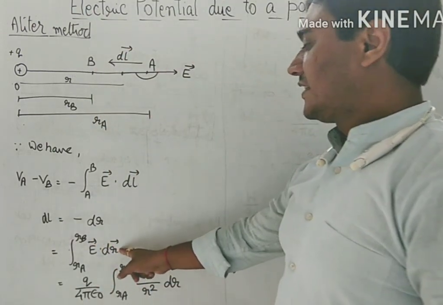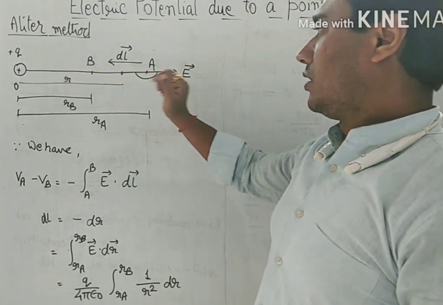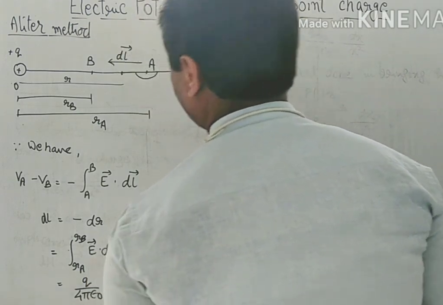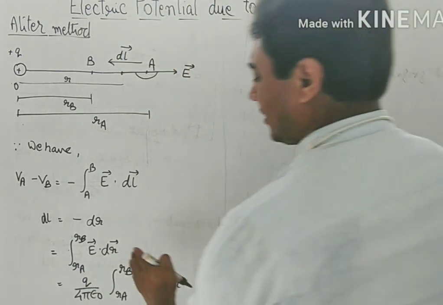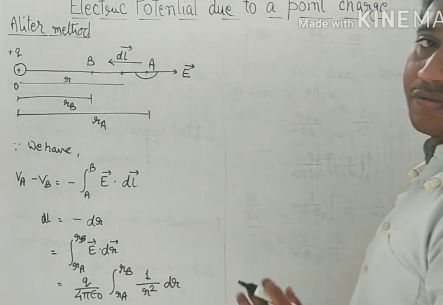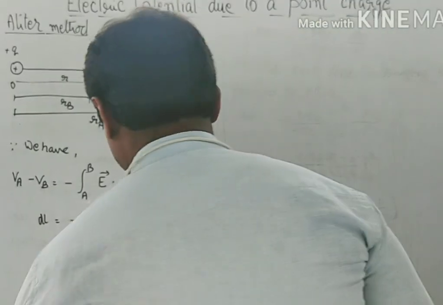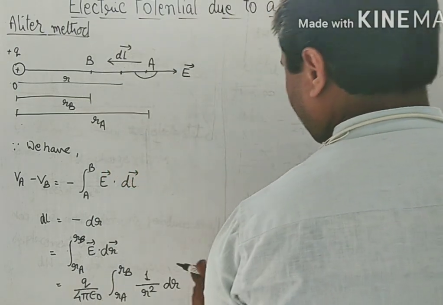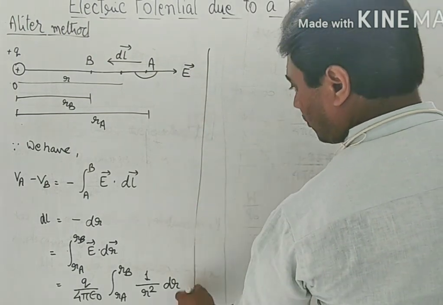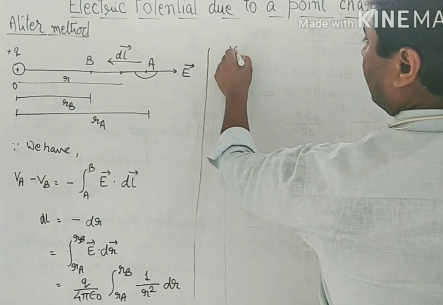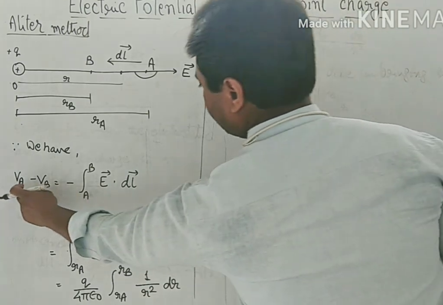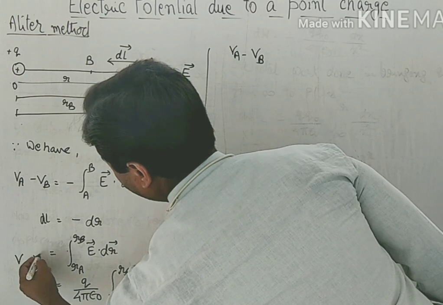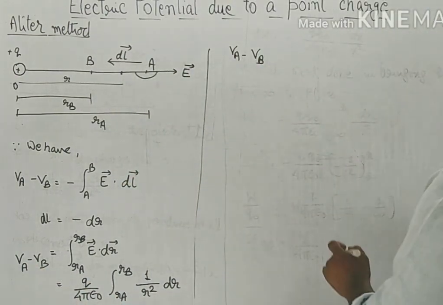See here, electric field intensity and dr are along the same direction, so for that reason we are having it to be positive. Understood? Okay. So now let's move on, and just placing the value here, having the integration of this, we have VA minus VB, and I must write VA minus VB here as well, so that there is no confusion at all.